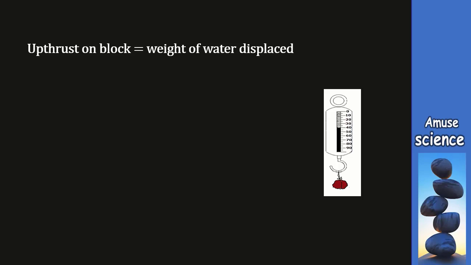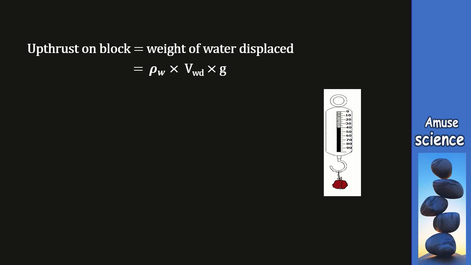Weight of the liquid displaced is given by the density of the liquid, in this case the density of the water, multiplied by the volume of the water displaced multiplied by the acceleration due to gravity. Once again, because we are dealing with the mass, let's divide both sides by the acceleration due to gravity, so that we are going to have the density of the water multiplied by the volume of the water displaced.